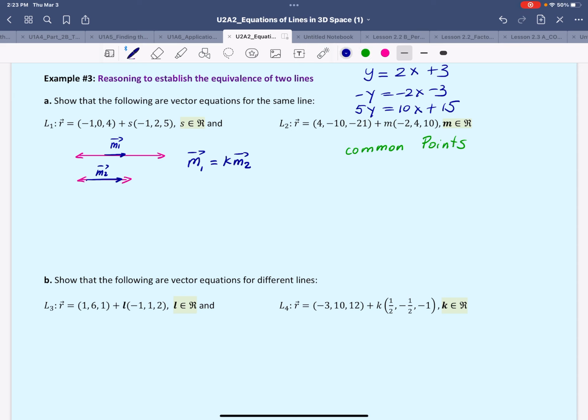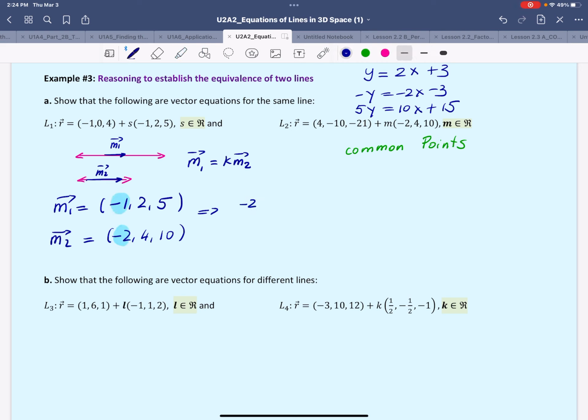The first direction vector, which I'm going to call M1, has the coordinates negative 1, 2, and 5. Direction vector M2 has the coordinates negative 2, 4, and 10. You can obviously see it right away, but I'm going to go through the process of how we can check whether two vectors go in the same direction. I would compare the x coordinates by simply finding the ratio.